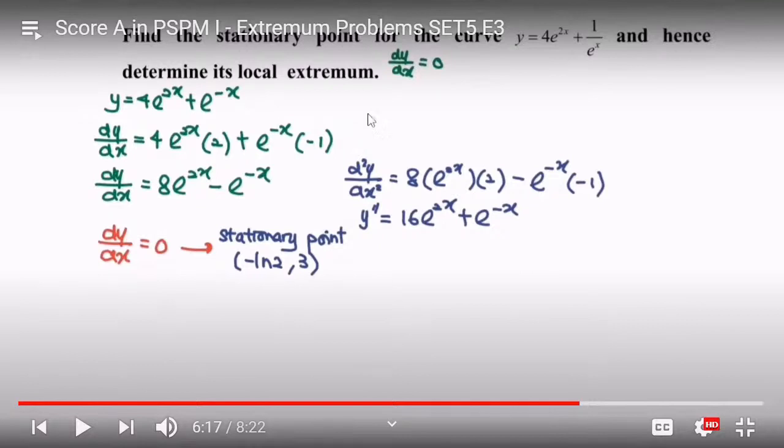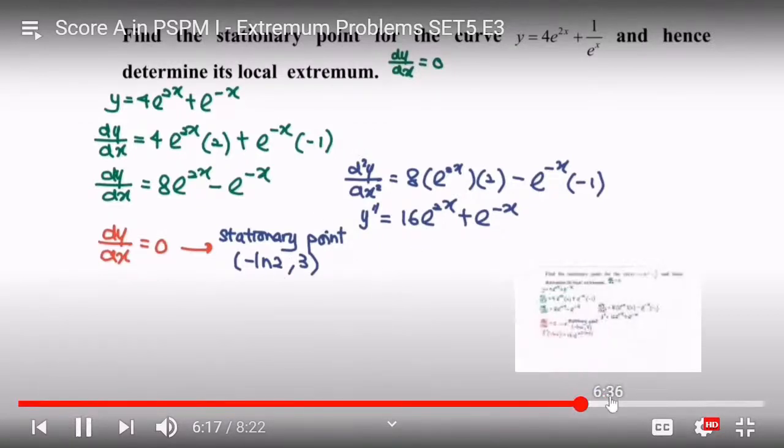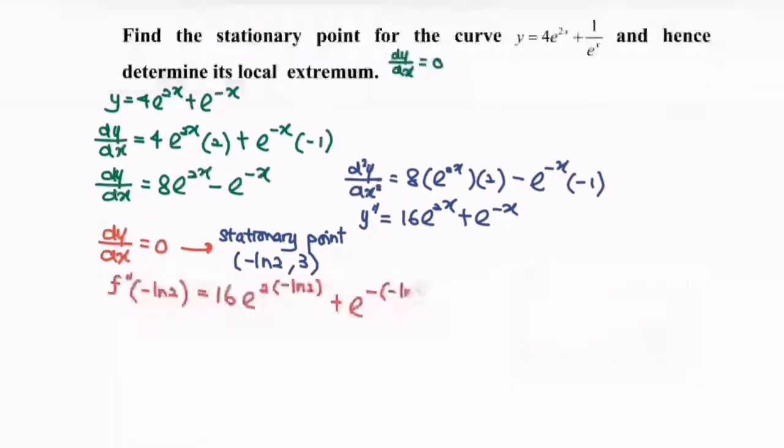So we take this value of x for testing, the value of x, exponent negative with the value negative ln 2. Simplify the situation, we will have 16 e to the power of ln 2 to the power of negative 2 plus exponent ln 2.